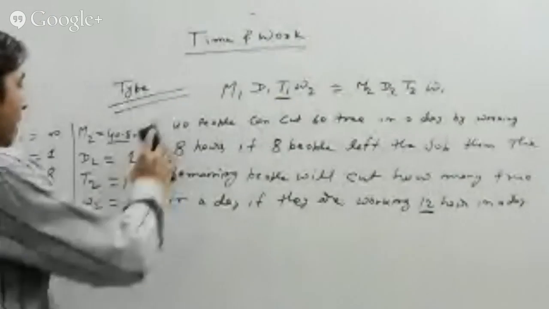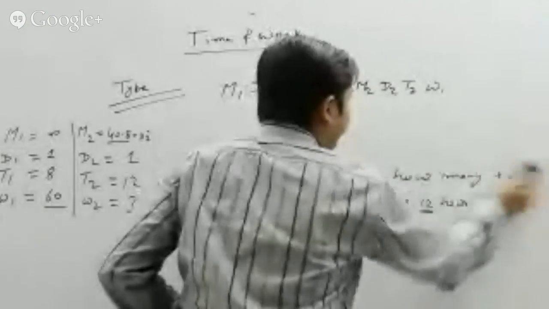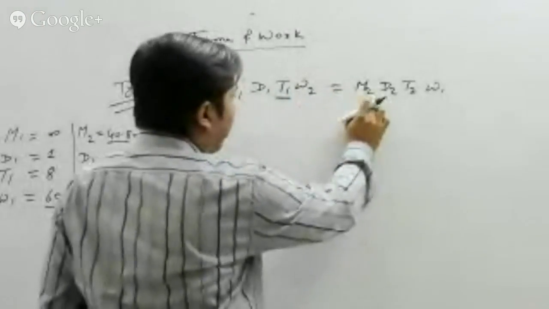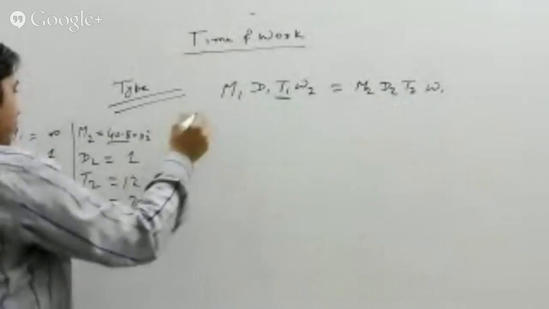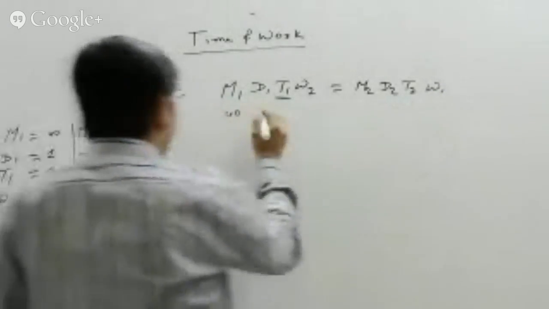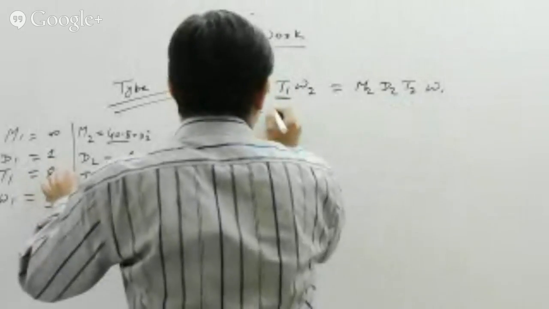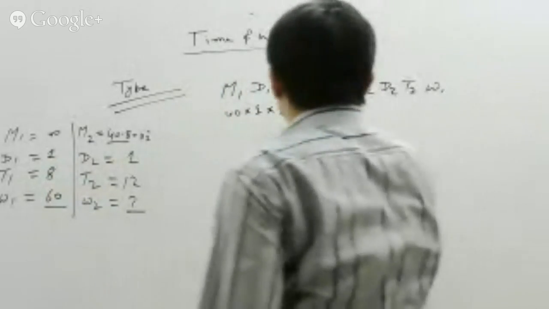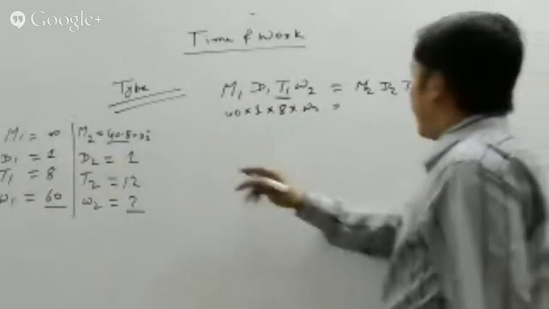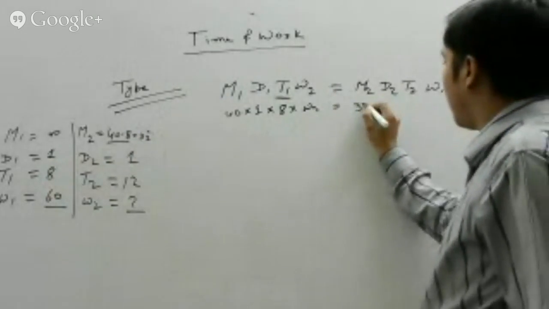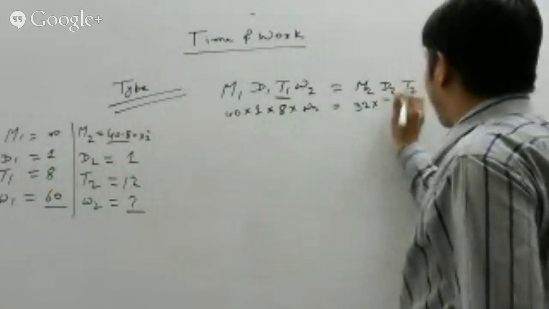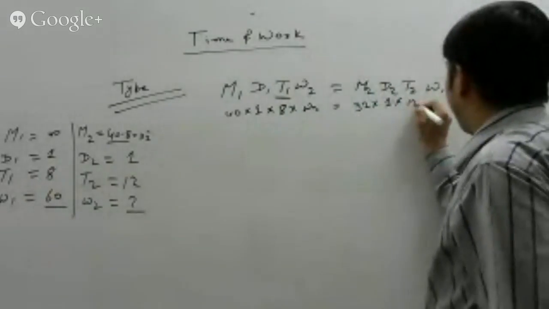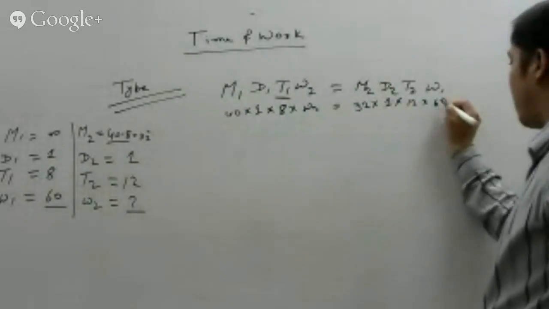Apply the formula M1 D1 T1 W2 is equal to M2 D2 T2 W1. Put the values. We have M1 40, D1 1, T1 8, and W2 we have to find out, equal to M2 32, D2 is 1, T2 is 12, and W1 is 60.